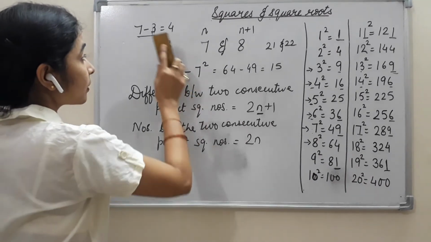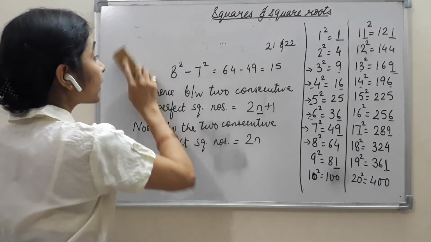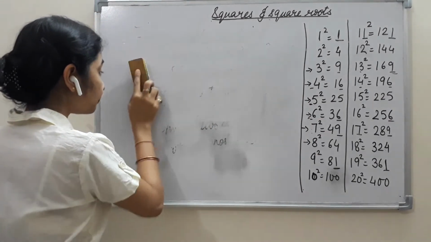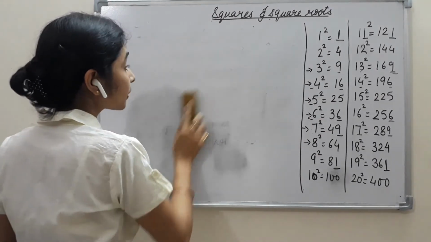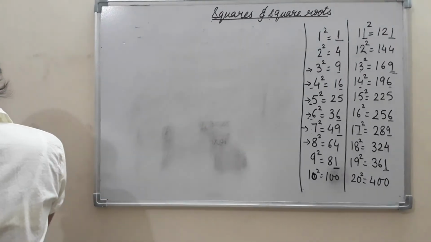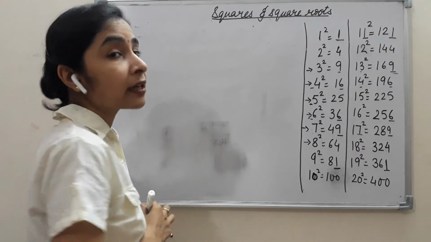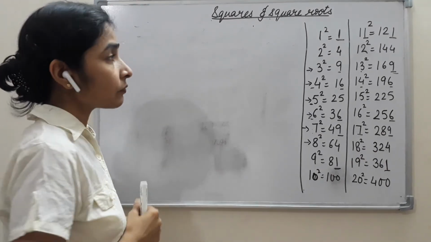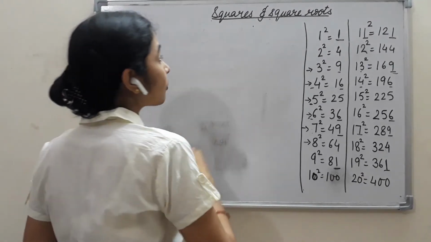Any perfect square number can be expressed as the sum of all the consecutive odd numbers starting from 1. Now let's see how it goes.